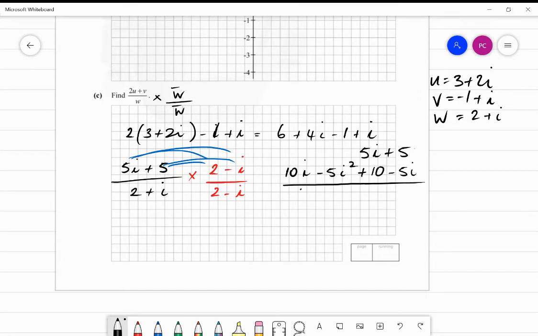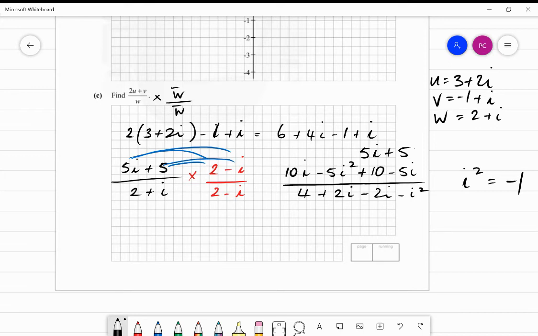The bottom is going to give me 4 plus 2I minus 2I minus I squared. Somewhere at the top of the question, it said I squared is equal to minus 1. So I'll just tidy up the top line a wee bit further.